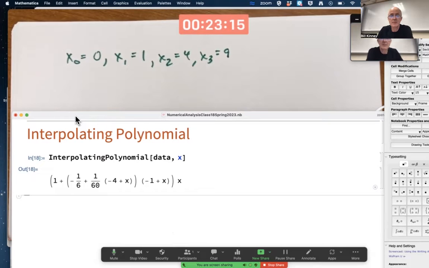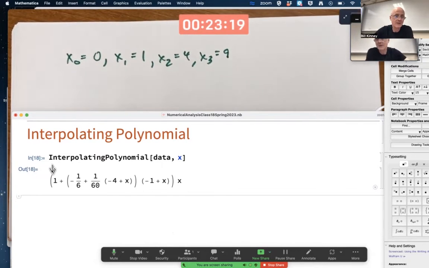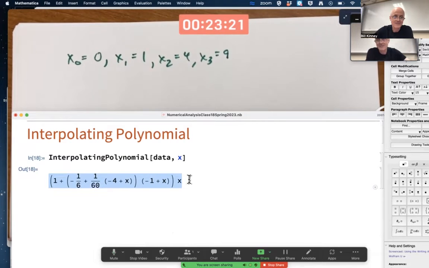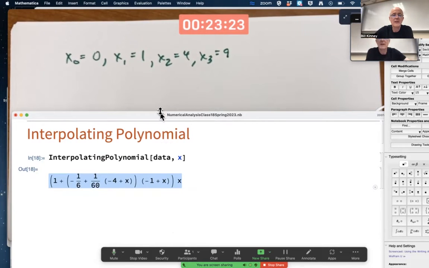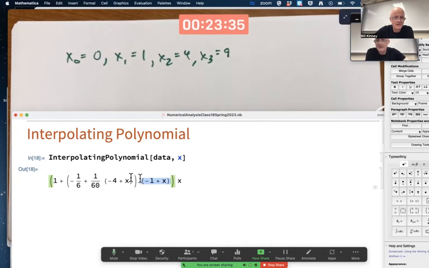The degree 3 cubic polynomial that interpolates these points exactly can be written like this nested form. And if you partially expand this out by first distributing the x through here and here, and also distributing the x minus 1 through here and here, what would we get?